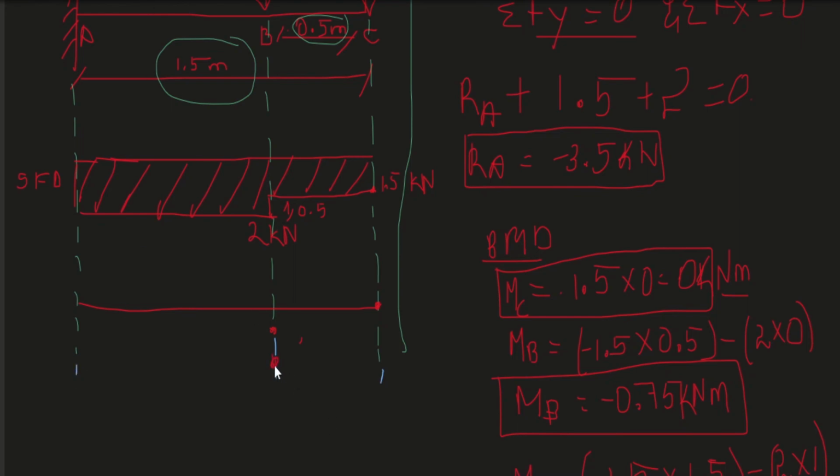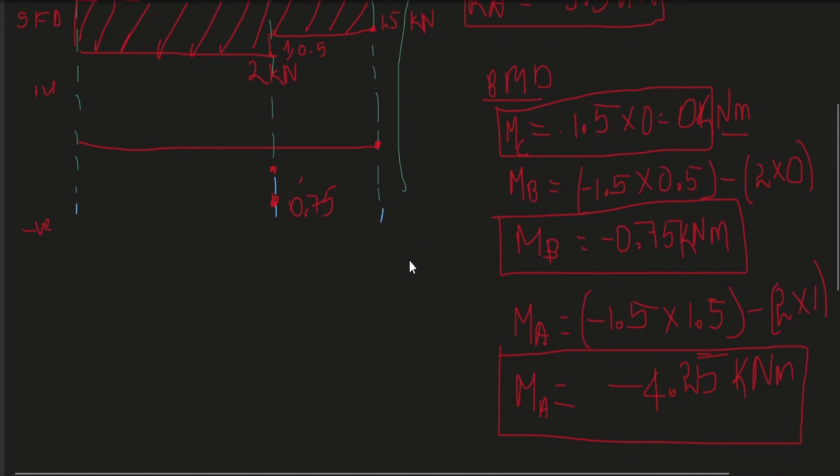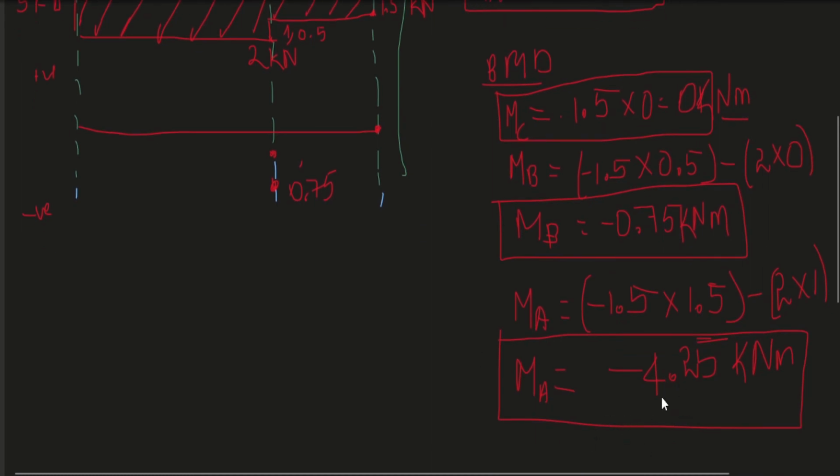It is negative, so I'm going to draw it in the negative side. The top is positive, and the bottom of the line is negative. So here it is 0.75 kilonewton meter, and the bending moment at A is minus 4.25. I'm going to extend a little bit, and let the 4.25 be here.